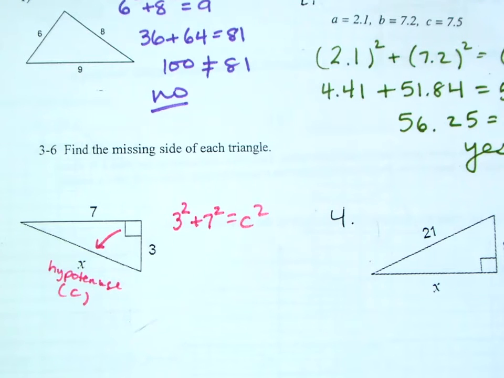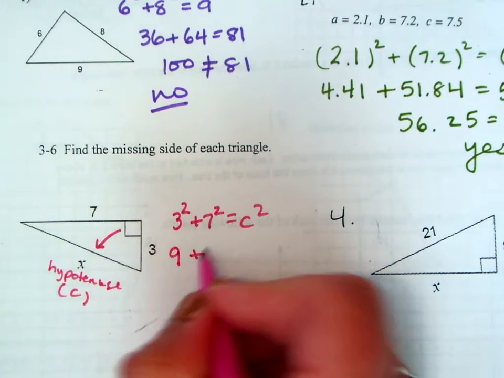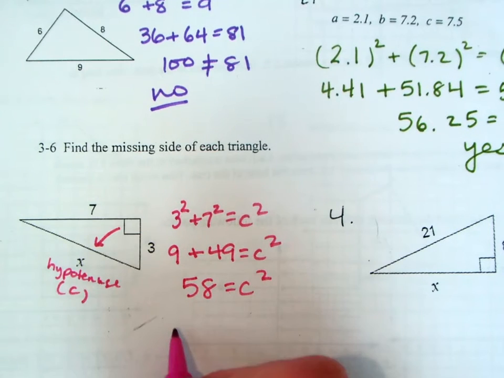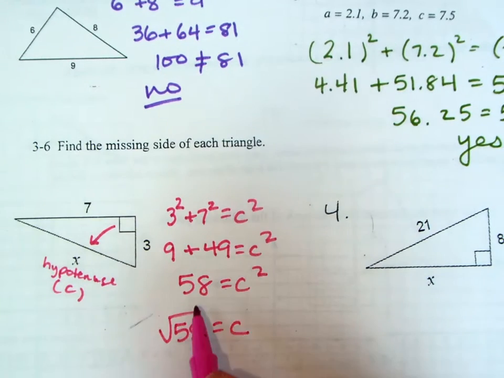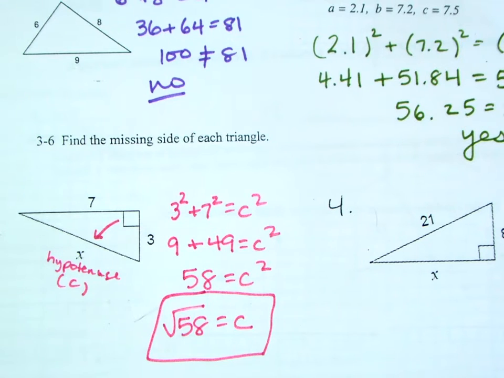Now, it doesn't say you have to round the answers, so it's fine to just leave them as a square root on all of these. So 3 squared is 9, 7 times 7 is 49, that equals C squared. 9 plus 49 is 58. So C is the square root of 58. And there you go. Because there weren't any units, we can just leave it like that.